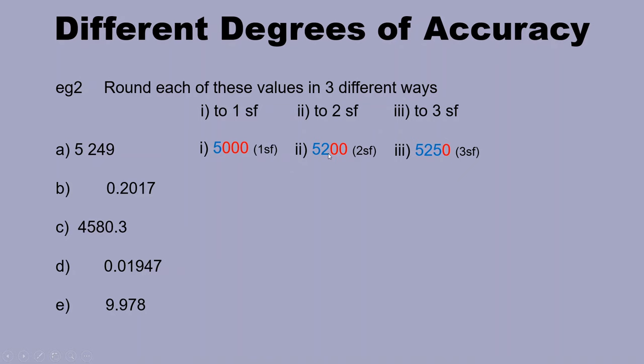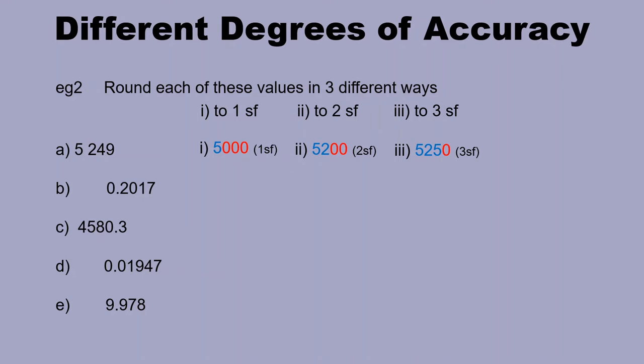But look over here. We don't want 5,300 because this is only a 5 because it's previously been rounded up. We don't want to make a bigger rounding error than necessary, so we never repeatedly round a value.